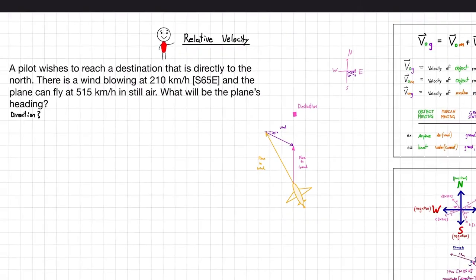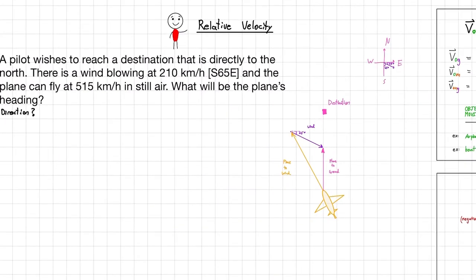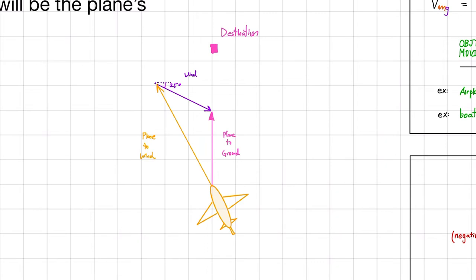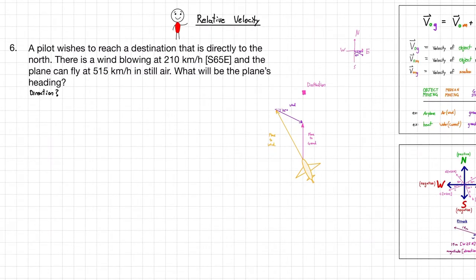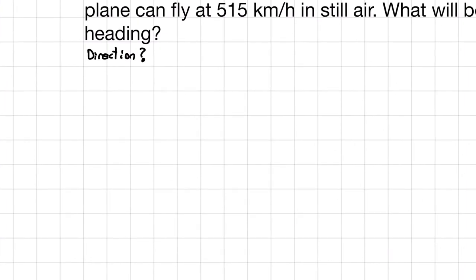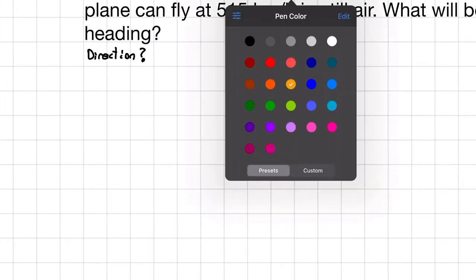Okay, so bear with me now. This is a sketch with as much information as we need just to imagine, visualize in our heads what this question is really asking. So now we're going to start moving forward here.